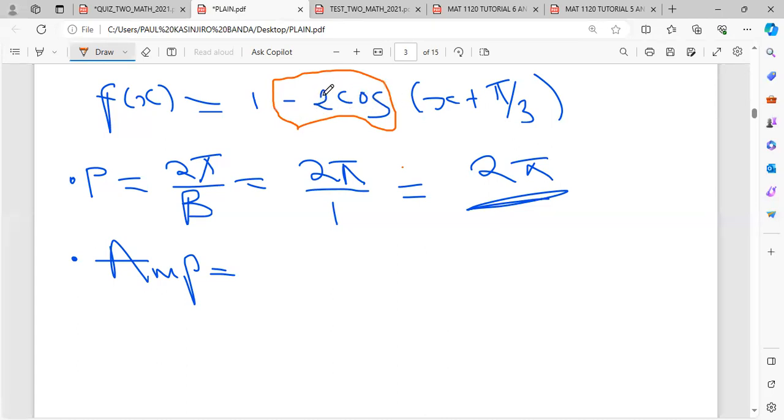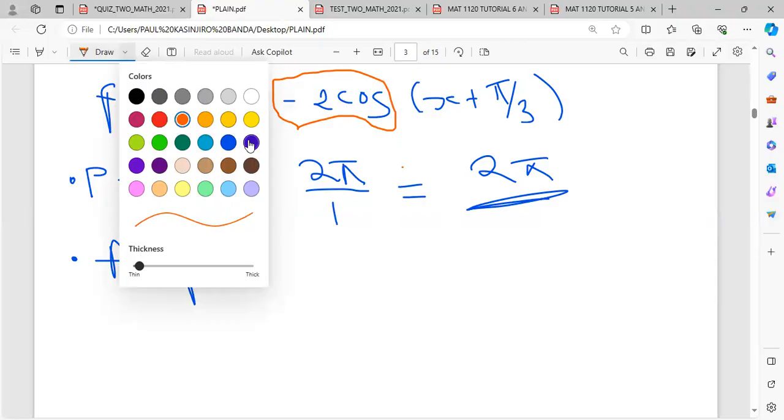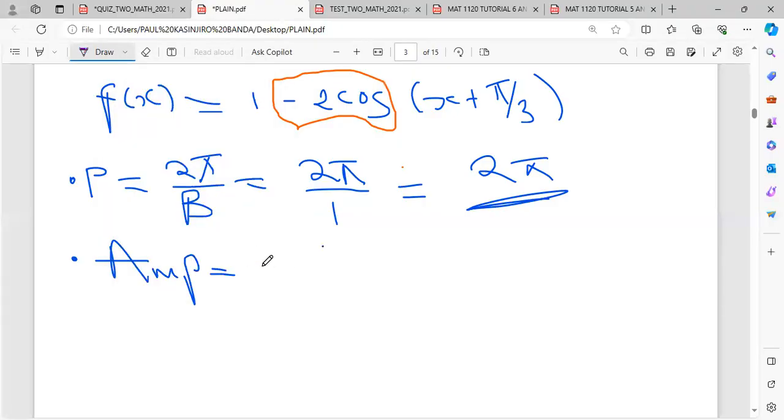Here, our amplitude is just -2. Then you put this in modulus, because the amplitude doesn't have a sign.